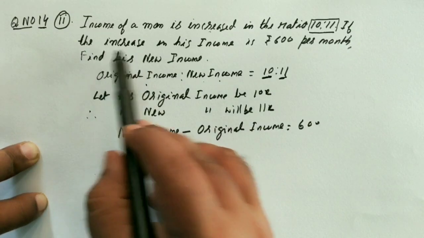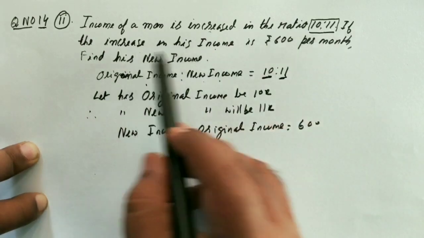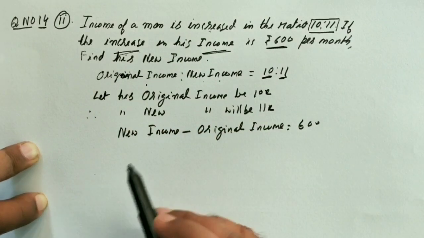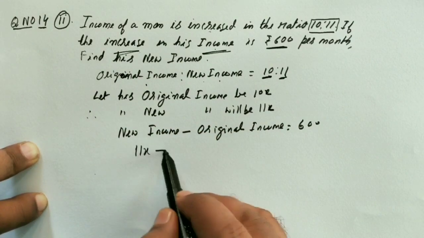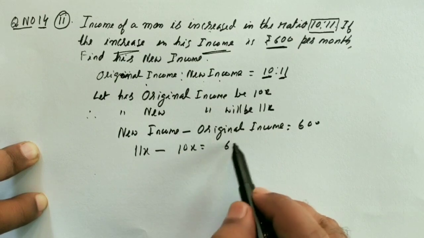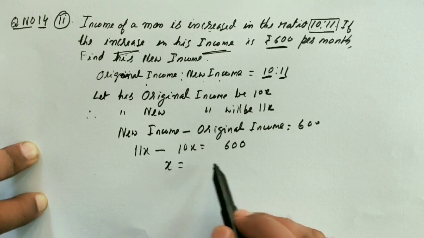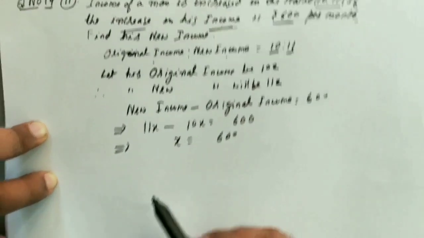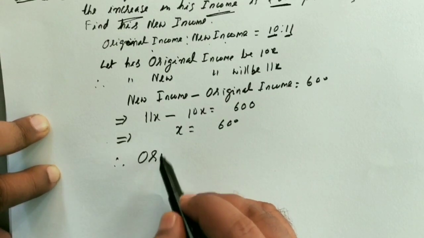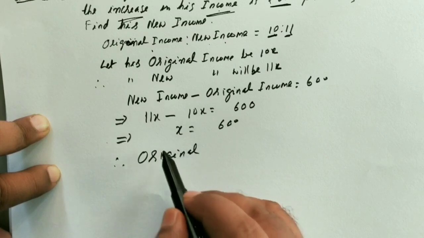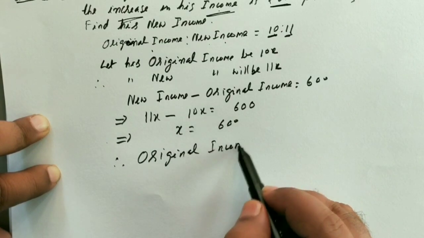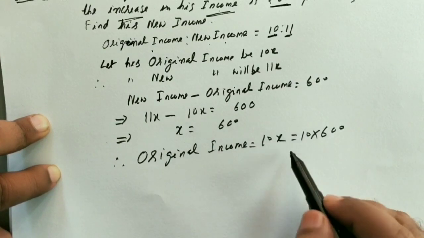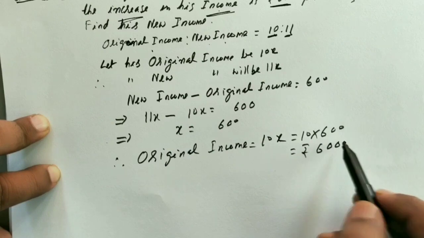See here, increase in his income. If the increase in his income is 600, so I will write here 11x minus 10x is 600. x is 600. Therefore, original income is 10x, 10 into 600, rupees 6,000 per month.